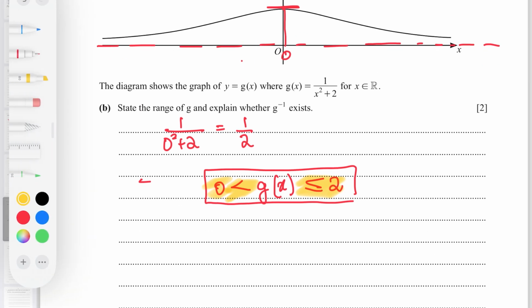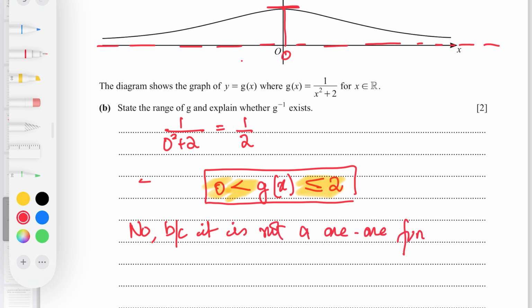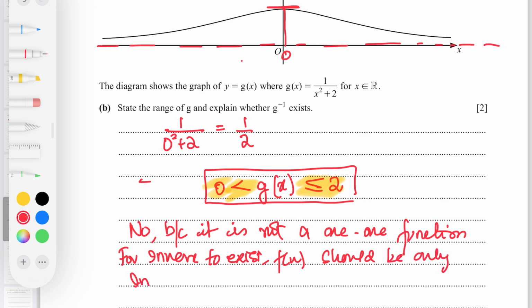Now, whether G inverse exists? No. Now, how do we know whether inverse exists or does not exist? For an inverse to exist, the function should be only increasing or only decreasing.